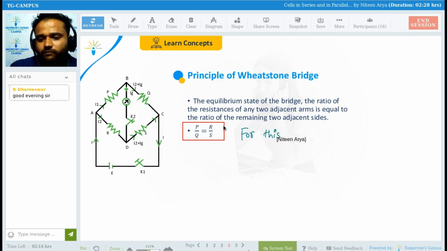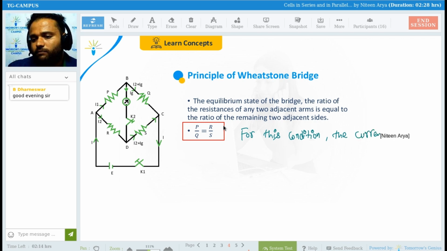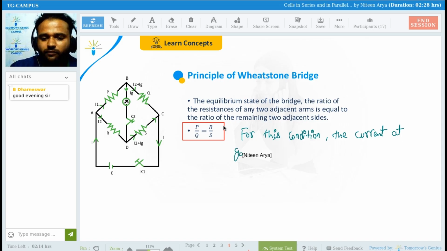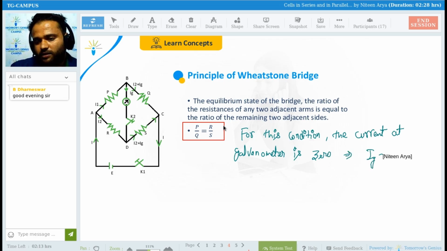For this condition, when the ratio of resistances P by Q is equal to R by S, the current at the galvanometer, IG, is 0.